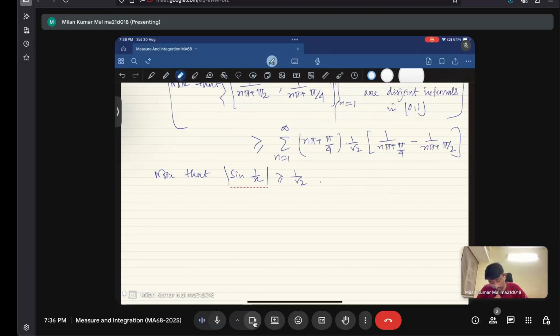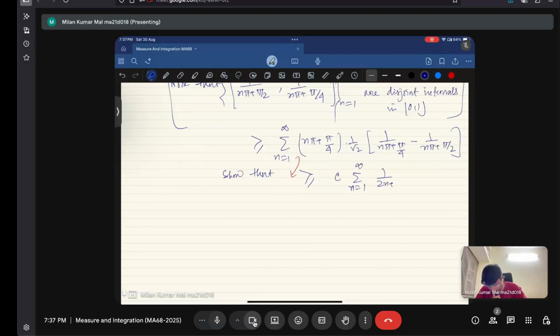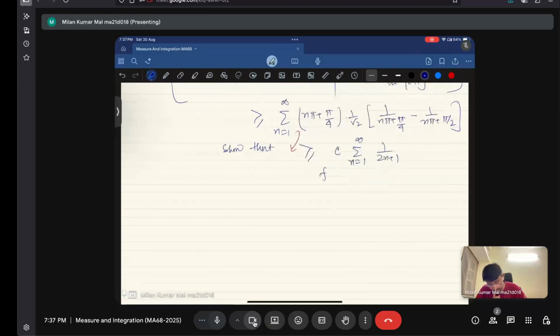Now from here I will not prove this one. So now this is greater than or equal to something for some constant c.